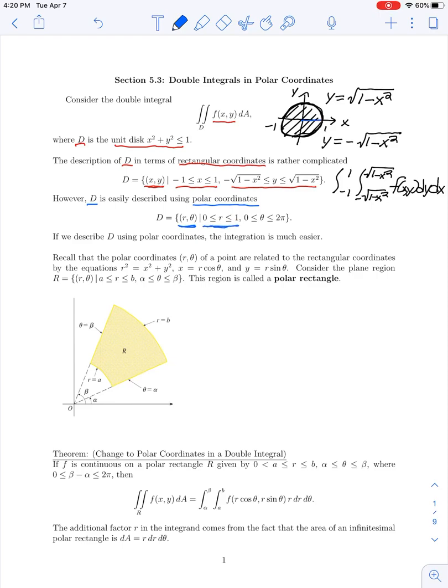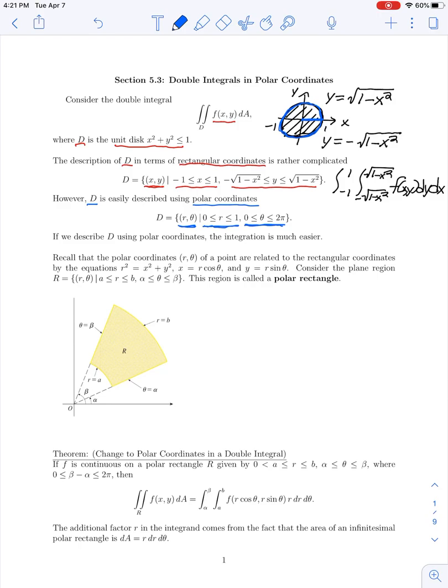So the radius of my circle was 1, so I can move from the center of the circle, that is the origin, outward at most 1 unit. And our value of theta, the angular coordinate, could range from 0 to 2 pi to give us all the points that could lie around this full disk. And we see that that is a much easier description of that region.